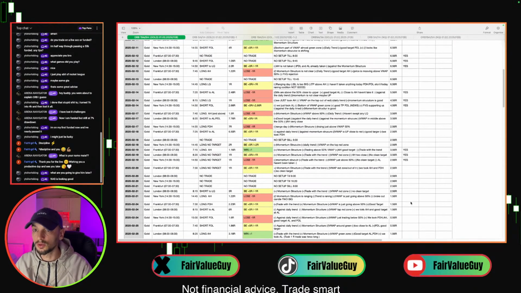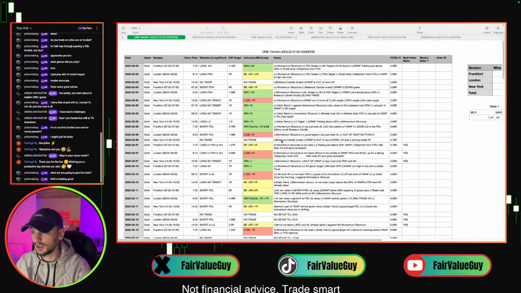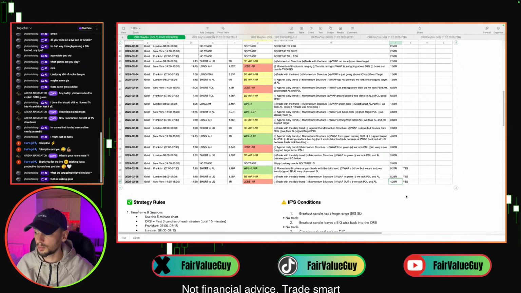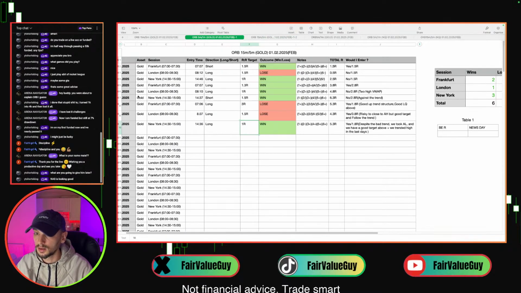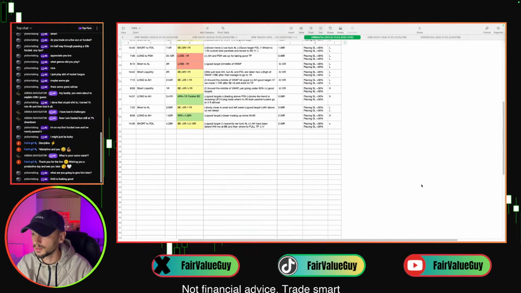What I wanted to show you is that this is for February, just entering after a candle close. By the end of the month we made 4.25R, which is not bad for a simple strategy like this, not bad at all, guys. 4.25 on the 1 minute for February.